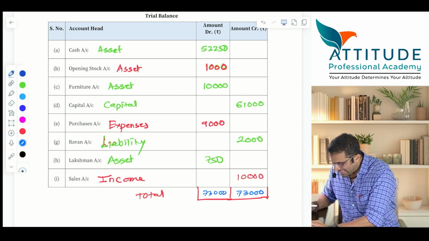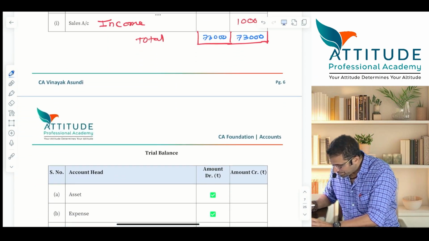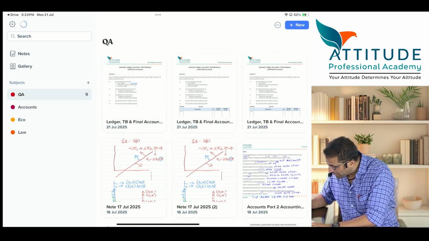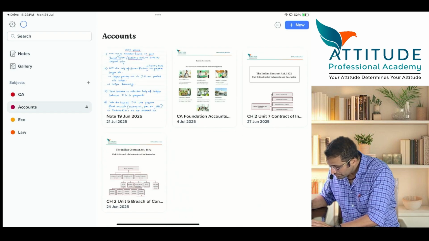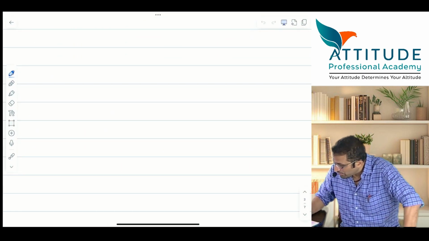Tell me trading account कैसा आता है? Okay, we'll come back to a different one. Trading account.